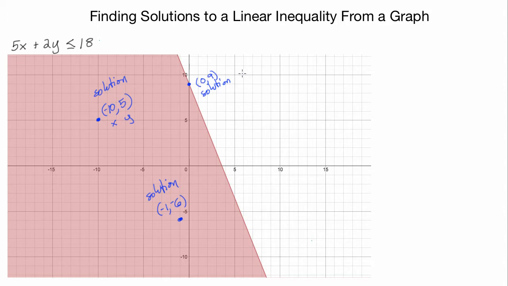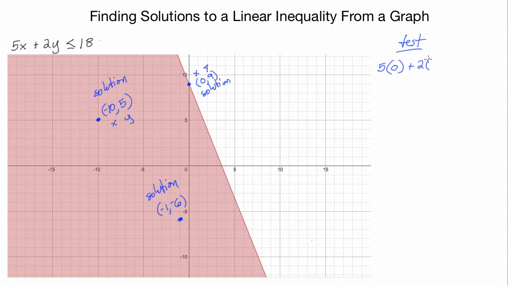All right, let's test one of these out. So I'm going to pick this one on the line here, this point 0, 9. X is 0, y is 9. And we're going to put that into my inequality, just to verify that, yes, that is a solution. So we've got 5 times our x value, and our x value is 0. So 5 times 0 plus 2 times y.